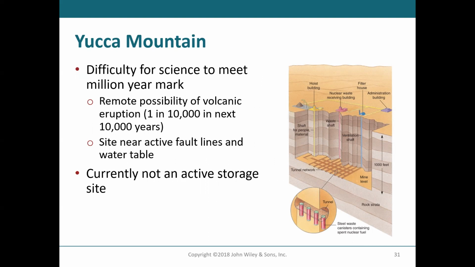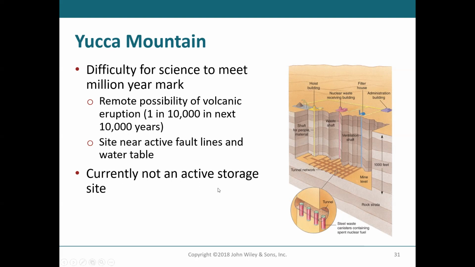Current active storage has not occurred, but here is what it would look like for it to be remotely stored. Now, the reason why Yucca Mountain was chosen was because of the geology. It does not have a lot of geologic activity, right? The remote possibility of a volcanic eruption is 1 in 10,000 years. It's not very near active fault lines or a water table, so that's why they chose it.